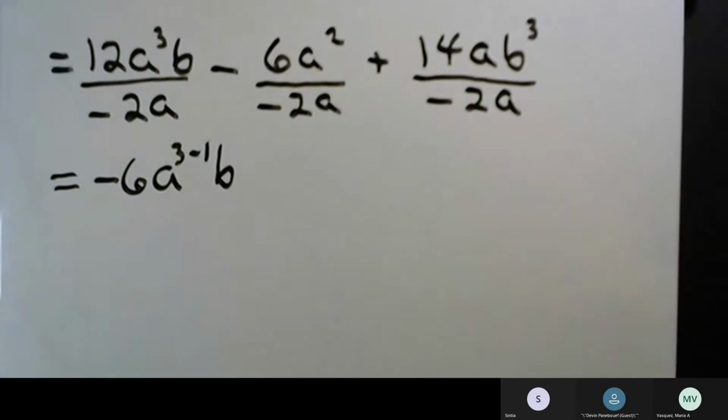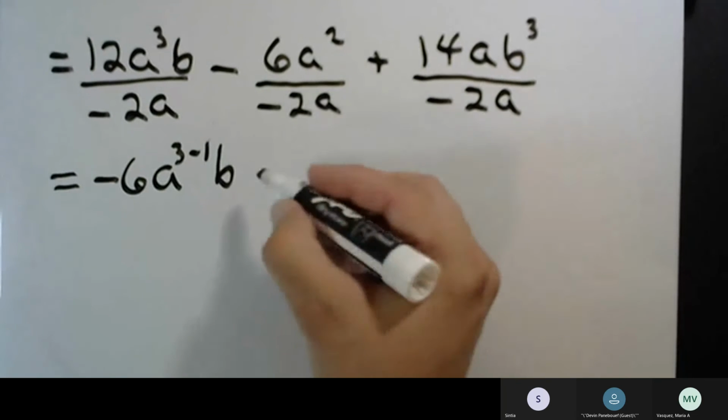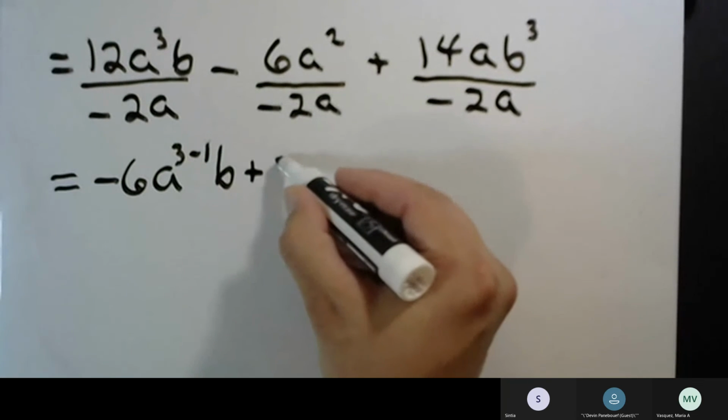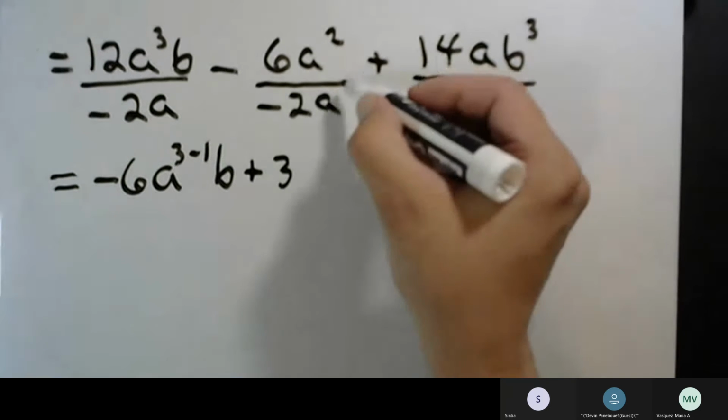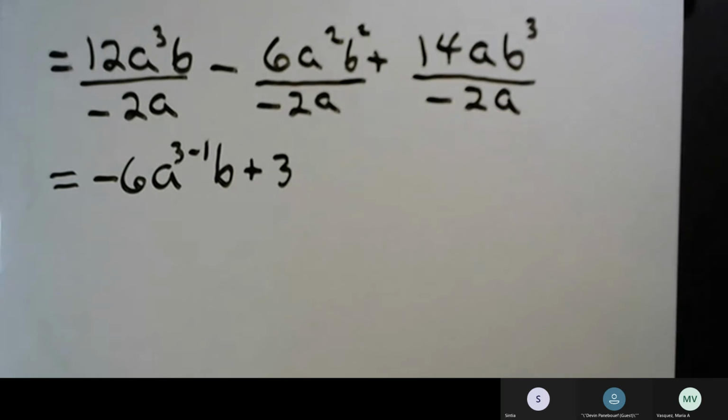So we still have our plain b, because there's nothing dividing into it. You could say 1 divides into it, but you don't have to put that in there. But you could if you wanted to. So this is negative 6 divided by negative 2, positive 3. I keep forgetting the b here. B squared.